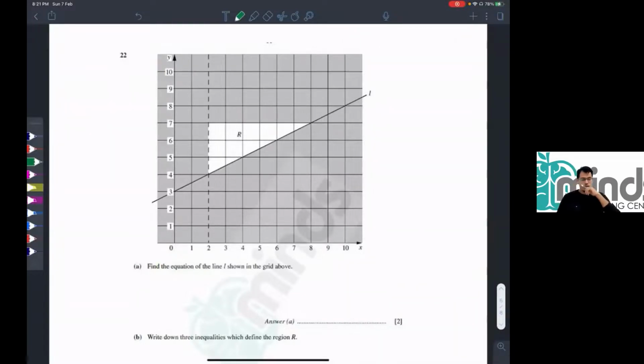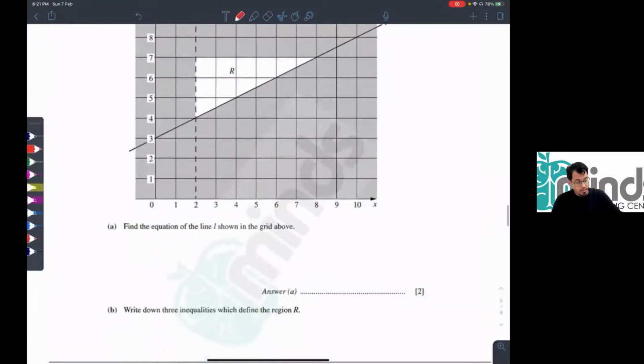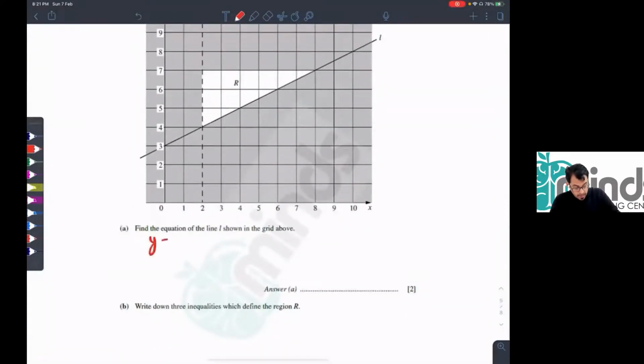Okay, I think almost all of you are done solving it. Let me quickly solve this question. What does the question say? Find the equation of the line L shown in the grid above. So for line L, you must be using y equals mx plus c. Can I say the y-intercept is 3? Because the line is touching the y-axis at 3.